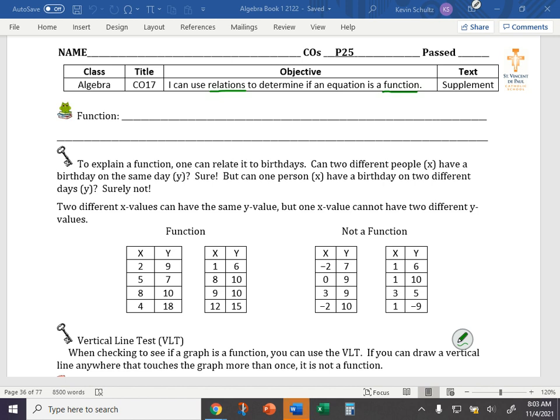But what is a function? A function is like a job or like a work or something that they do and their use. We are looking at it in a mathematical sense.